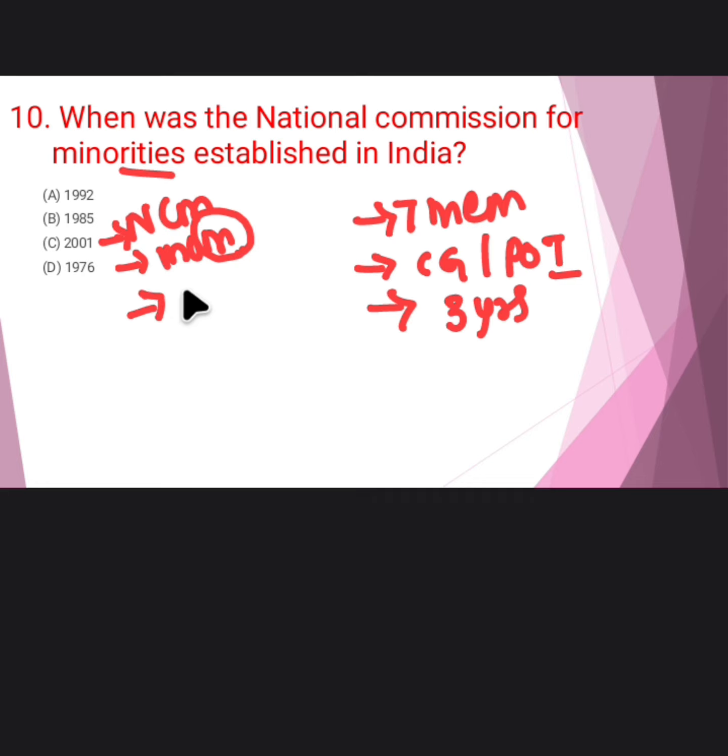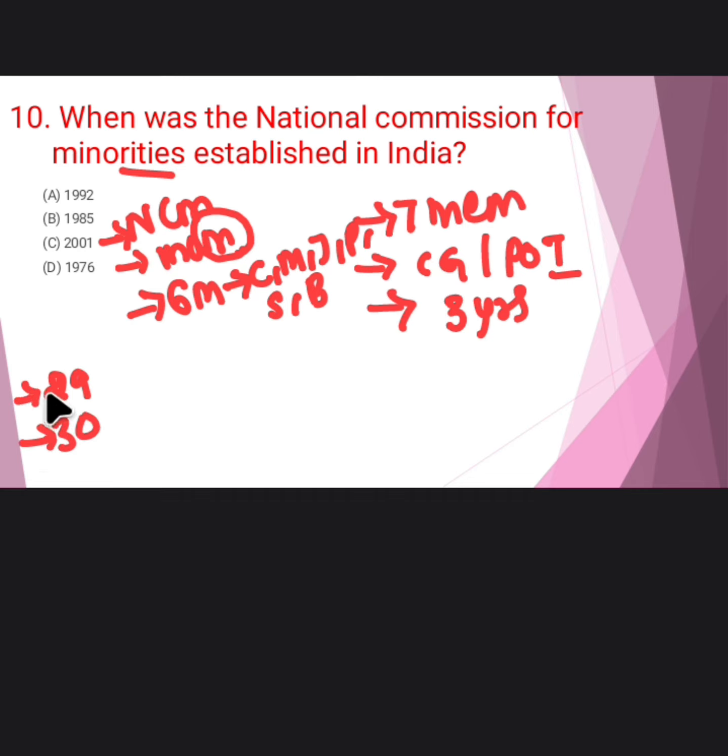In India, we have 6 minorities as recognized by the constitution, which are Christians, Muslims, Jains, Parsis, Sikhs and Buddhists. They are protected using Article 29 and Article 30. These are fundamental rights, and these are exclusively available to citizens of India only.